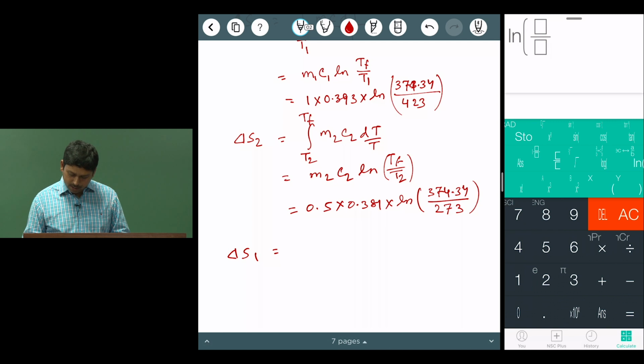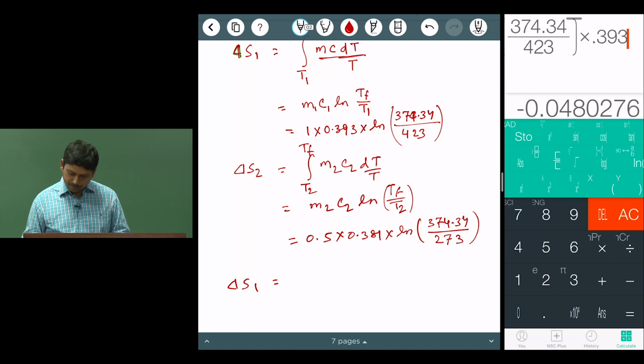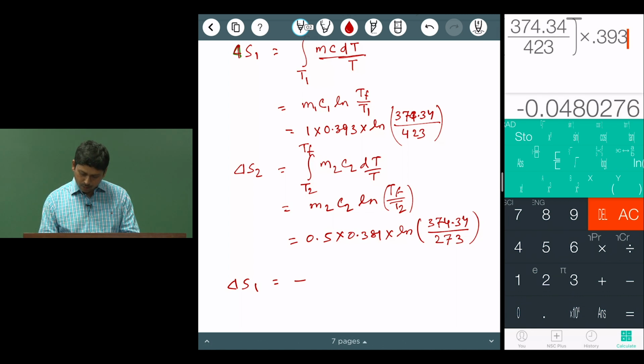It is ln of (374.34 by 423), bracket close, multiplied by 0.393, that is giving us minus 0.048. As you can see, it is a negative quantity.